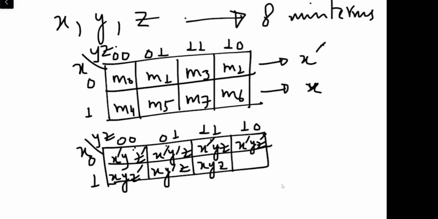And then we have m of 6, which is represented as x, y, and z complement, right? So in this way we are able to see how we are going to label each and every box with their respective minterms and the respective equivalent of the minterm product form, right?